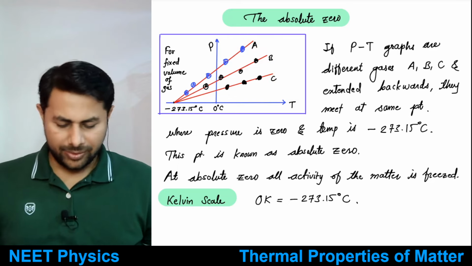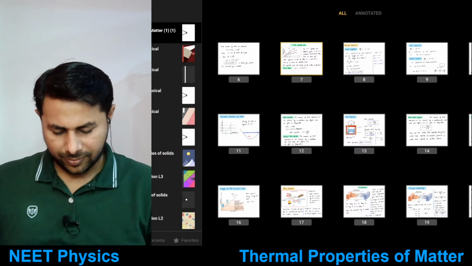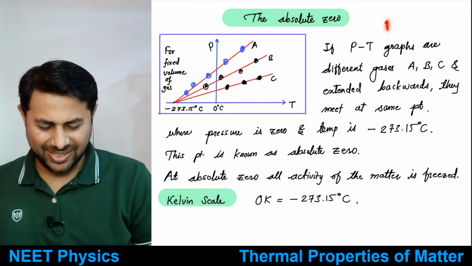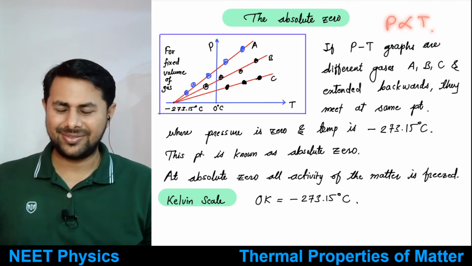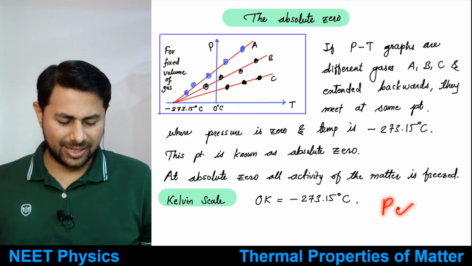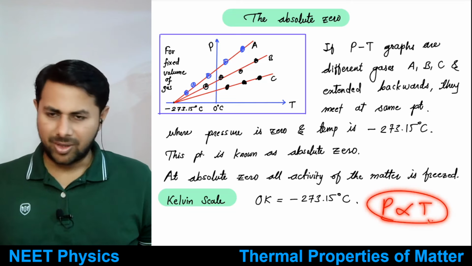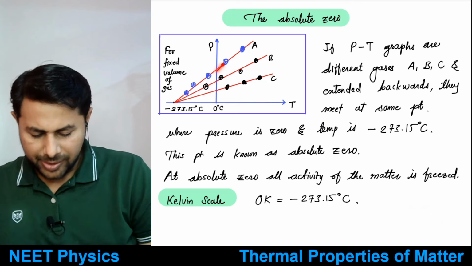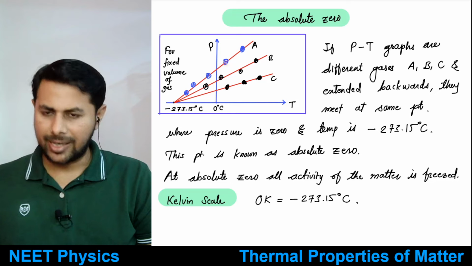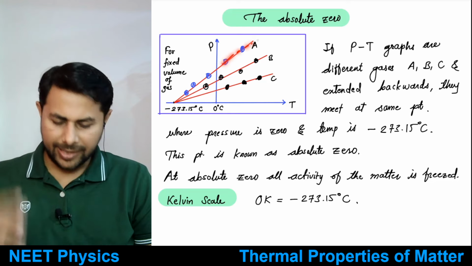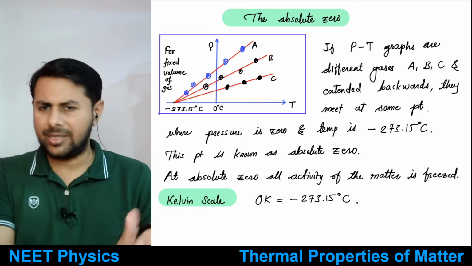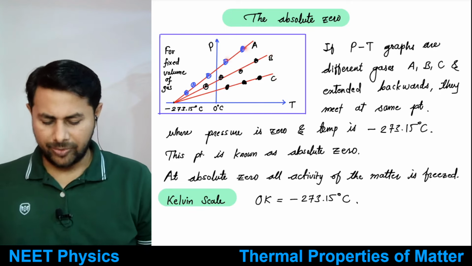So now we know from Gay-Lussac's law that pressure is directly proportional to temperature, right? So if you take some readings and plot the graph for gas A, gas B, gas C, then what will happen?